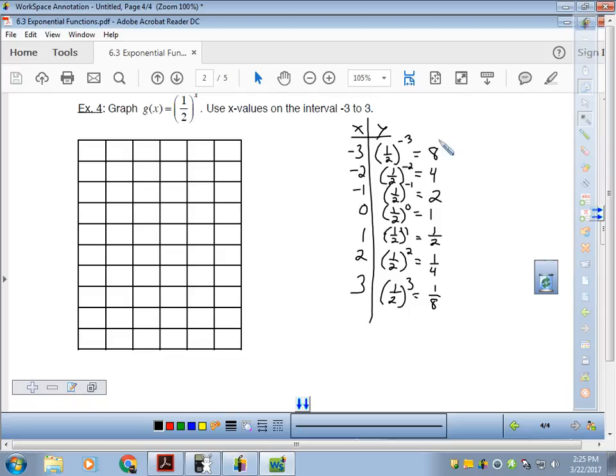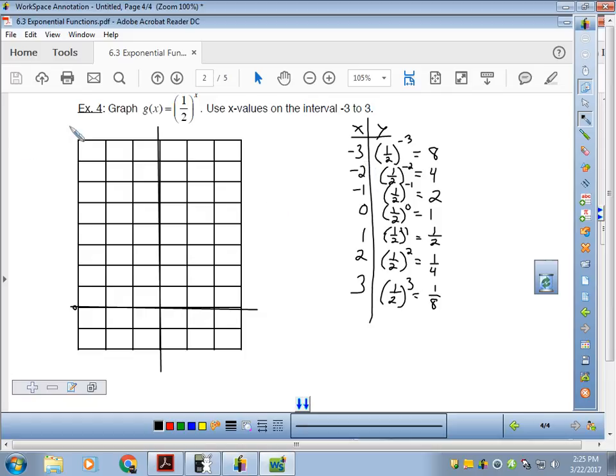And once again, we're going to go all the way up to a high y value of 8, so I want to make sure I start up here as this is 8. So 8, 7, 6, 5, 4, 3, 2, 1, 0. So 0 right here. So we'll draw our axis lines. And then we'll plot our points.